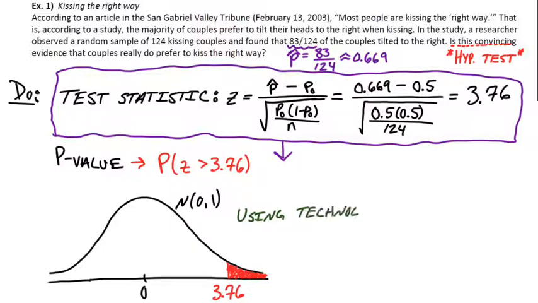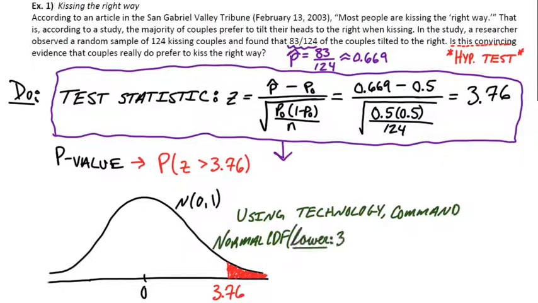So the normal CDF command. And then just make sure you label your inputs. For example, the lower bound that you would use would be 3.76. That's where we marked it off. The upper bound, technically that goes on forever, so we'll use 1E99.